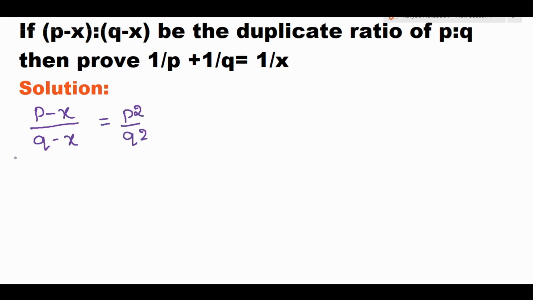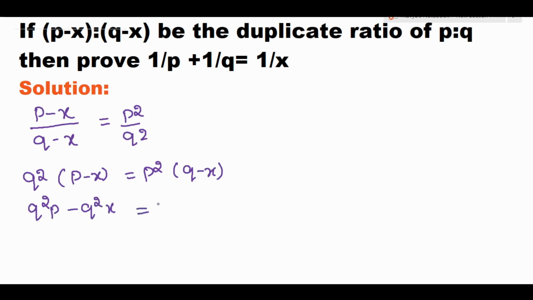Let's cross multiply this. On cross multiplying, Q square comes towards this side, multiplied with P minus X, and you have P square multiplied with Q minus X. Now let's multiply each term. Now we get Q square P minus Q square X, which is equal to P square Q minus P square X. Let me bring this P square Q towards this side and Q square X towards this side.